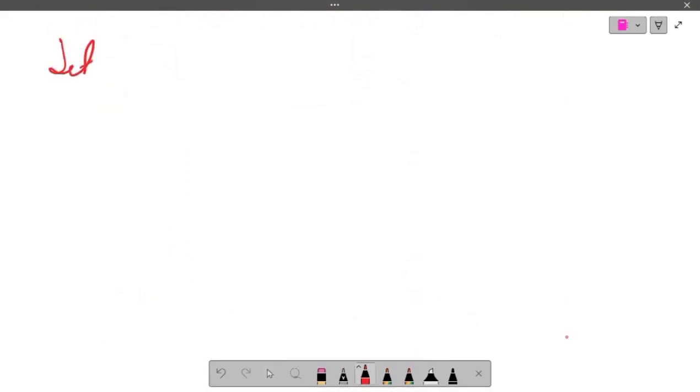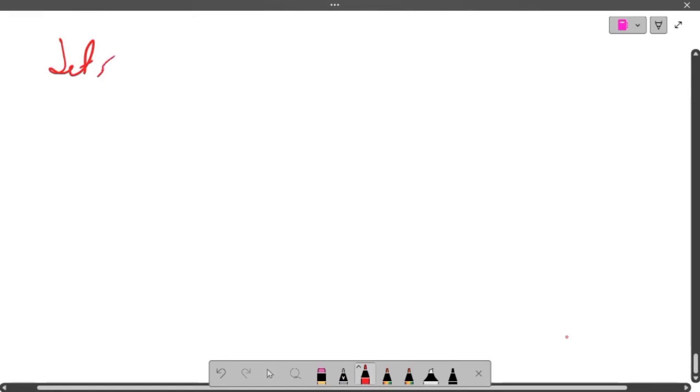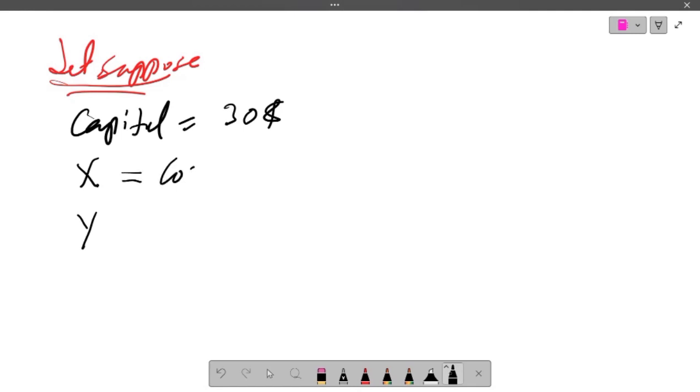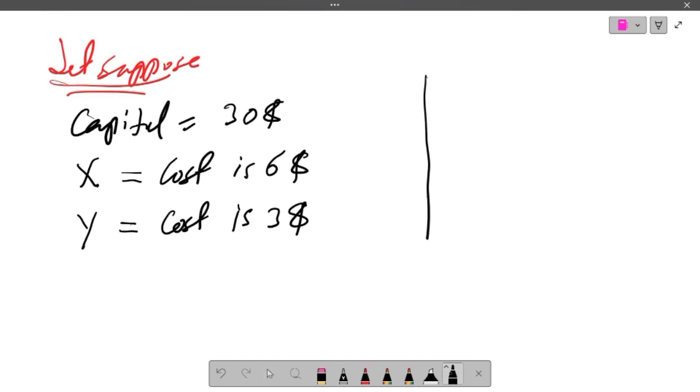Let's suppose the capital available is $30 and you are producing two goods, X and Y. X costs $6 while Y costs $3. This is an assumption.